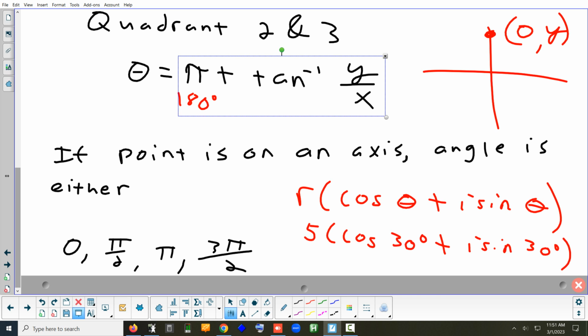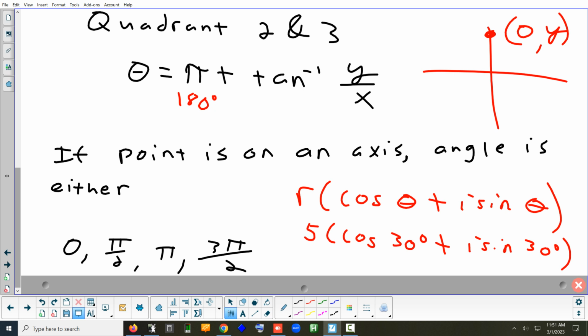That is a final answer to a problem. That's what a complex number looks like in trig form. You have an R and you have a theta, and you leave it just like that. You don't do this out.